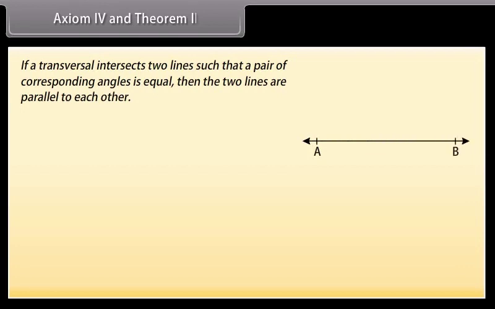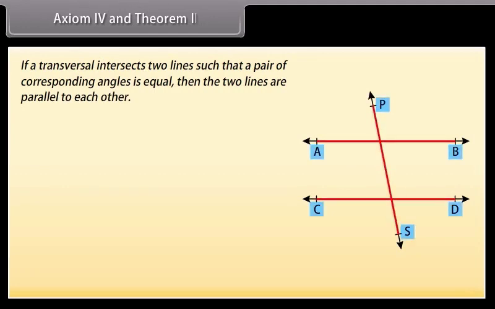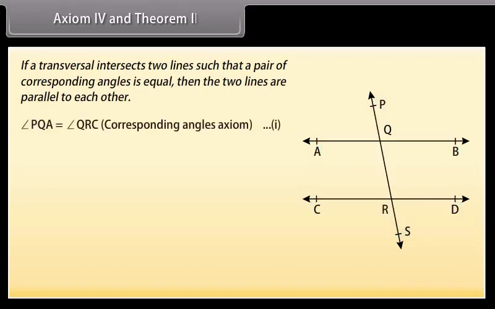Now we will use the corresponding angles axiom to find out the relation between the alternate interior angles when a transversal intersects two parallel lines. Here transversal PS intersects parallel lines AB and CD at points Q and R respectively. We know that angle PQA is equal to angle QRC by using the corresponding angles axiom. Mark it as 1.